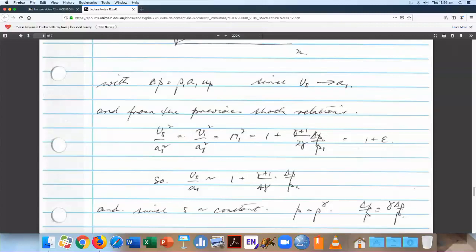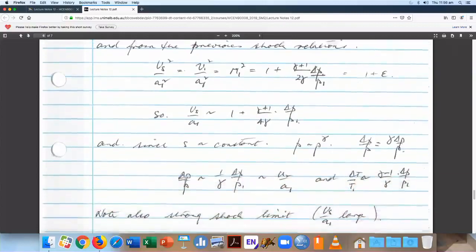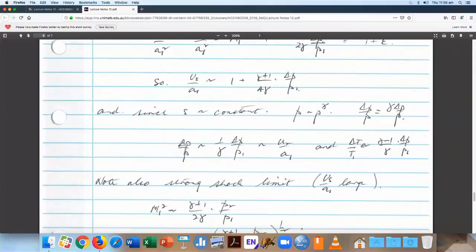And since S is a constant for a very weak wave, P goes like rho to the gamma. Just take the logarithm of that and then differentiate it. You'll get delta P over P goes like gamma delta rho over rho.